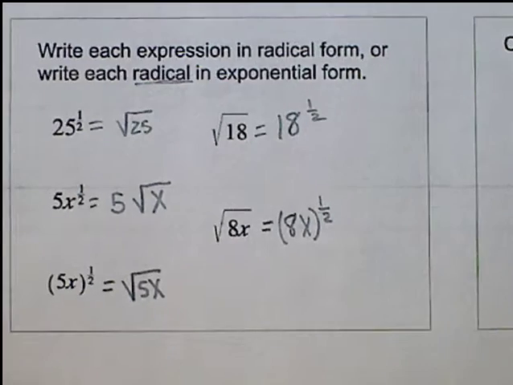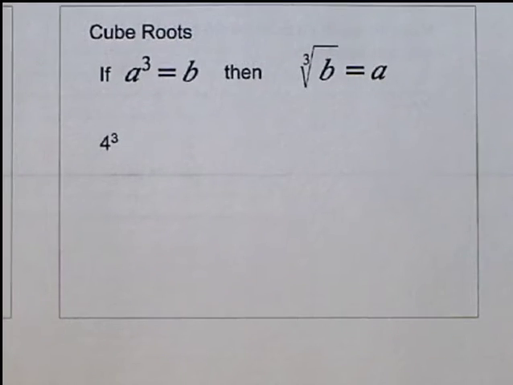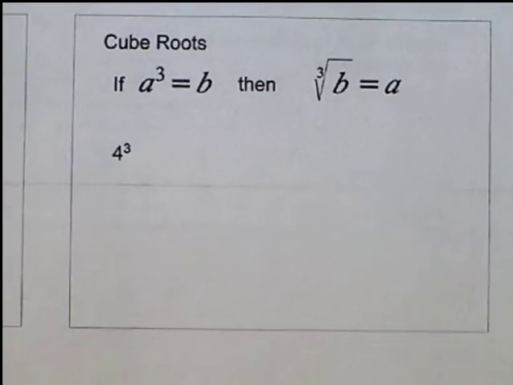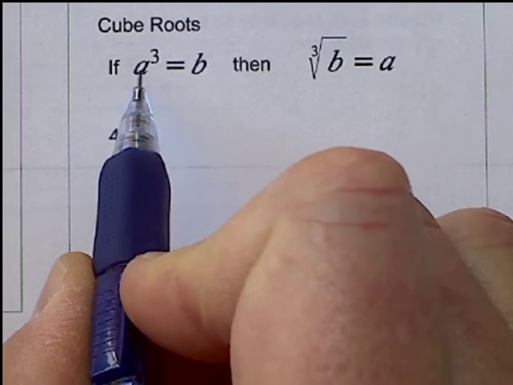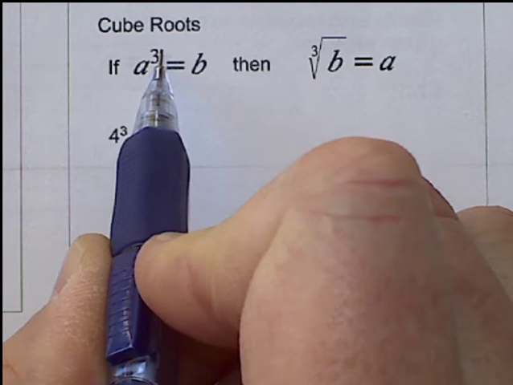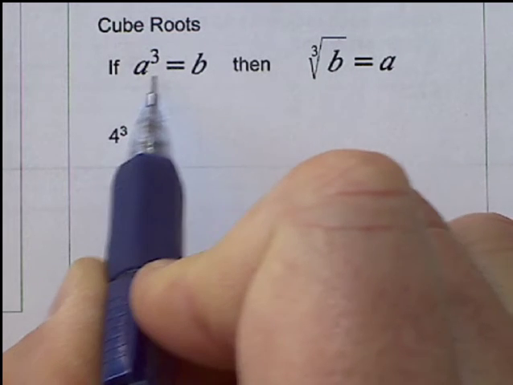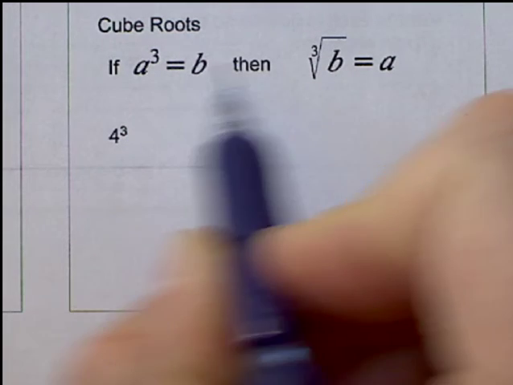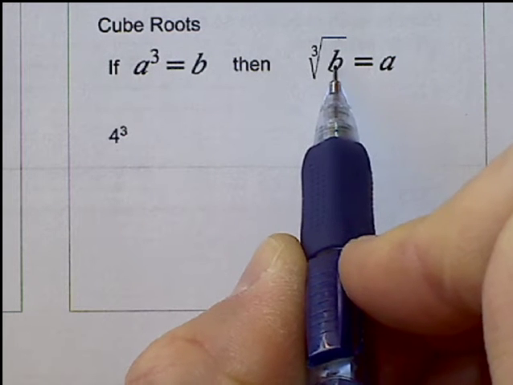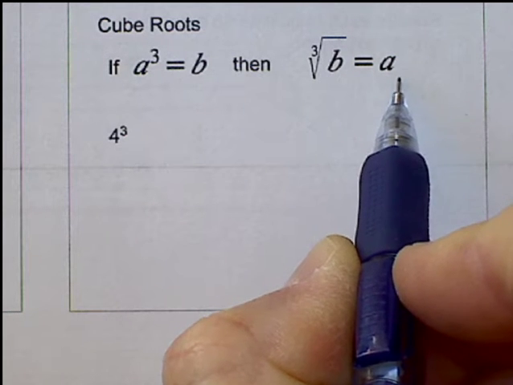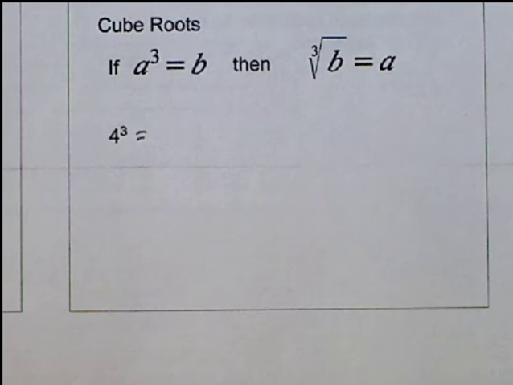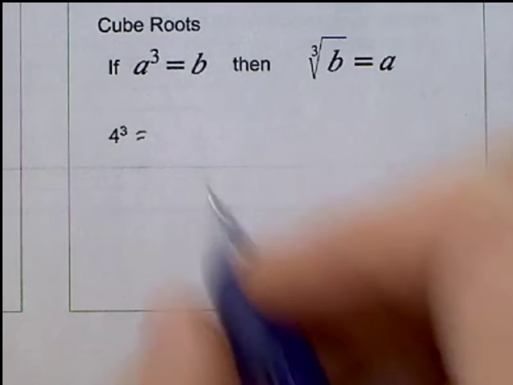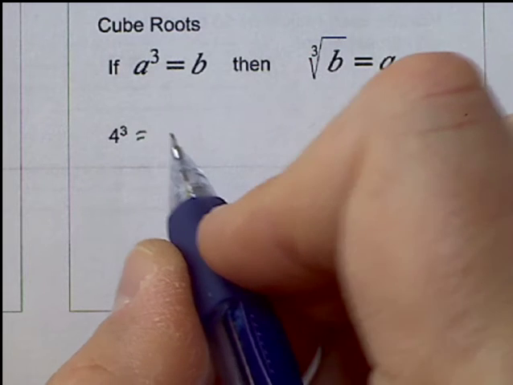Okay? So now we don't only do square roots, we can do cube roots. And if you think about it, if some number a, and you take it to the 3rd power, and that equals b, then you can turn that around and you can find the cube root of b to turn it back into a, right? So if we have 4 to the 3rd power, what is 4 to the 3rd power? 64. 4 times 4 is 16, and then 16 times 4 is 64.